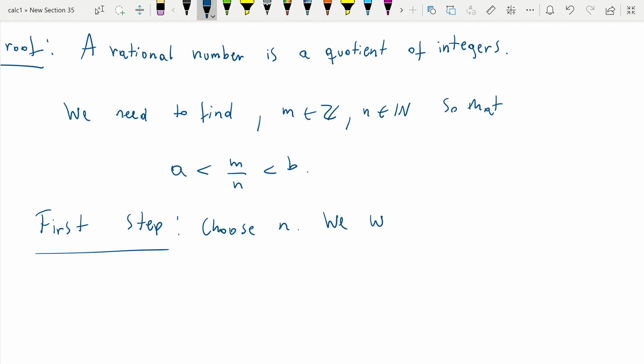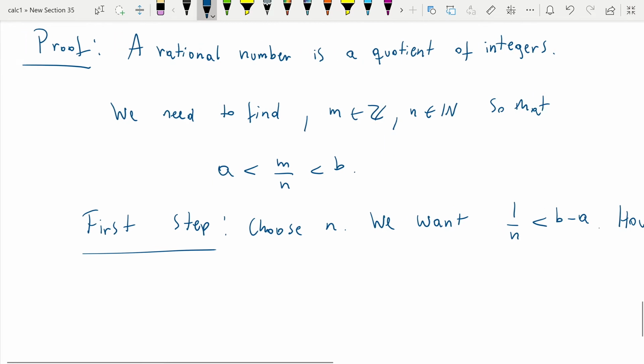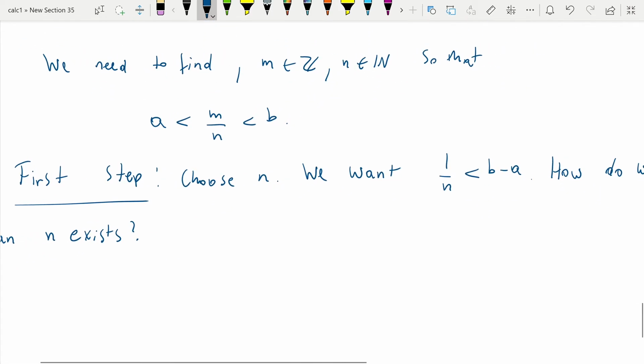So we want 1 over n to be smaller than B minus A. But how do we know such an n exists? How do we know such an n exists?